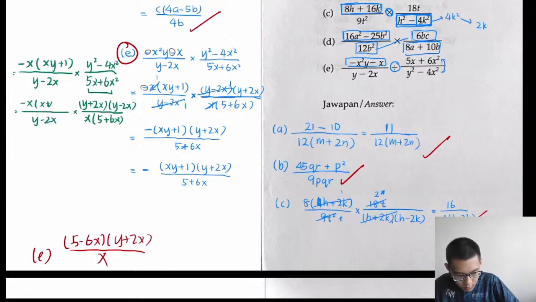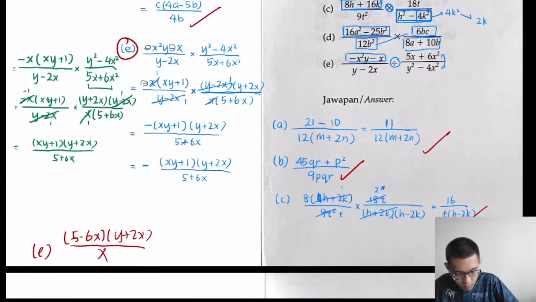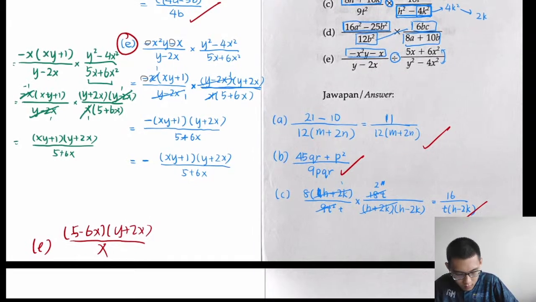Okay, xy plus 1. So here we have negative 1, 1. Here we have 1, 1. So we are left with (xy plus 1)(y plus 2x) times (5 plus 6x). Is it the final answer already, right? I don't know why. Can we try to factorize again? Because don't forget this negative 1. Okay.